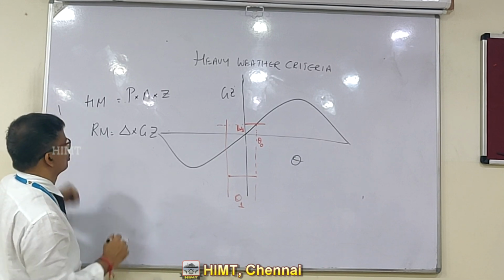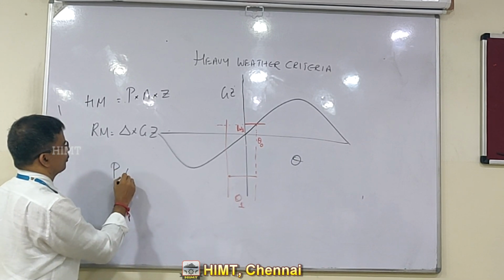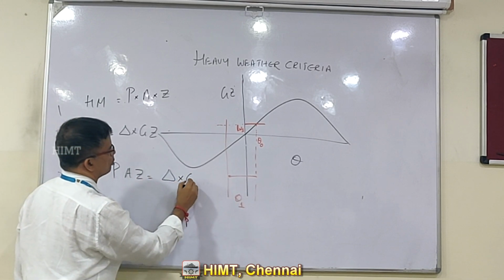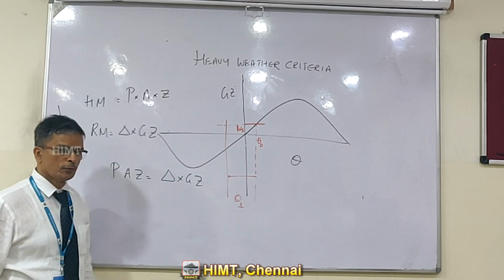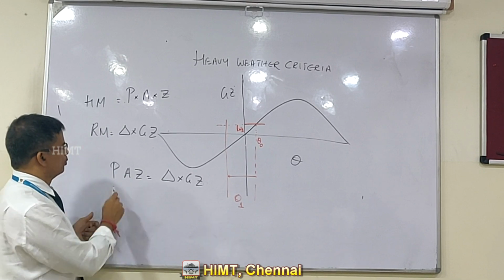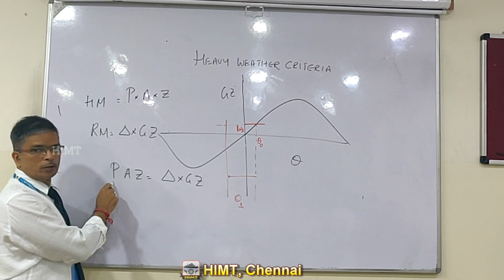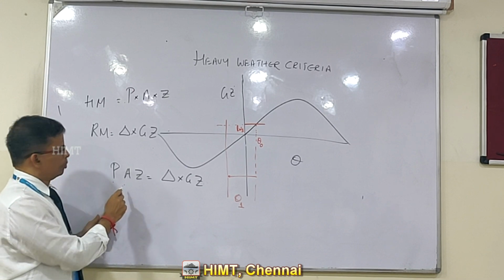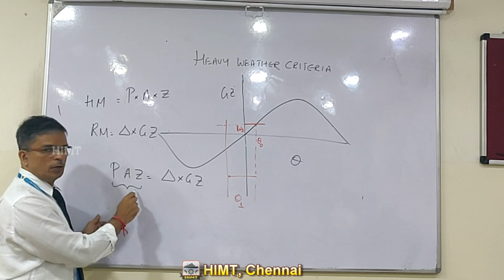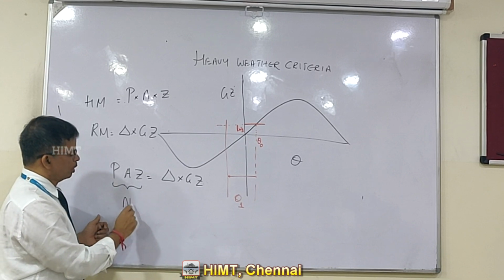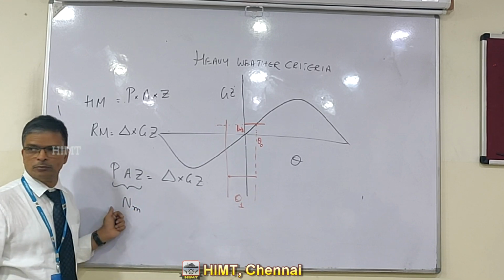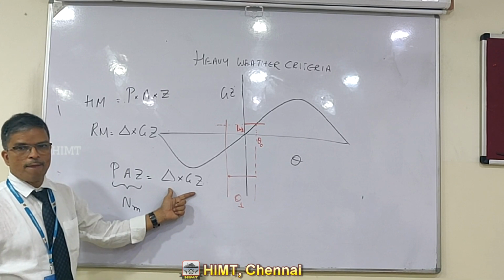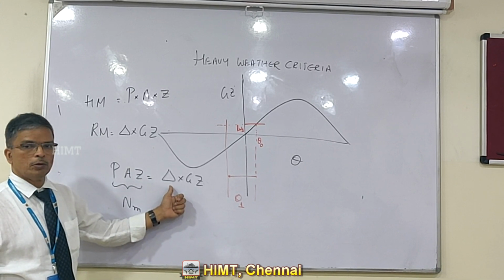So if you write these two are equal, you will get a formula like this: PAZ equal displacement into dz. But this will be Newton meter square, and you are going to multiply by area. So this whole value will be coming in Newton meter. This one will be coming in ton meter.